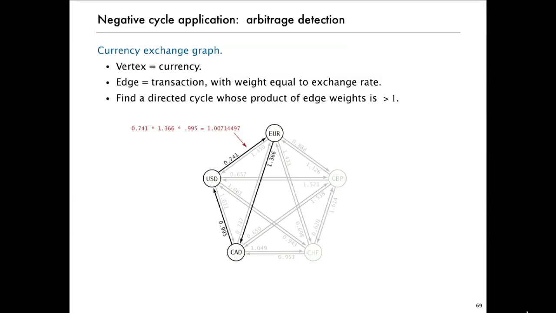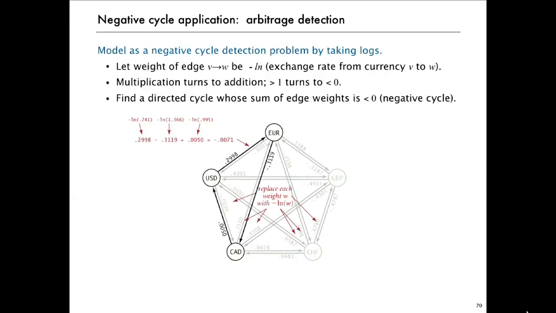To convert this to a shortest paths problem, what we want to do is just take logs. Instead of using the exchange rate, we take minus the log of the exchange rate, and then multiplying turns to addition.